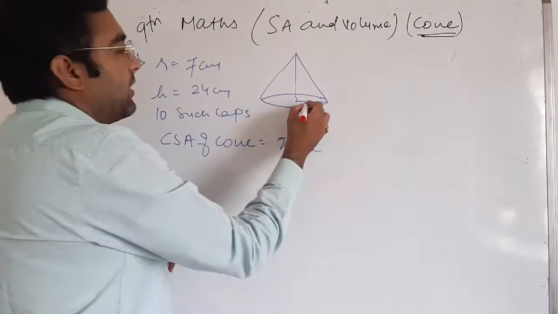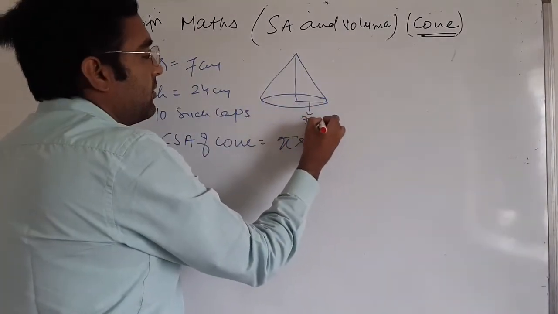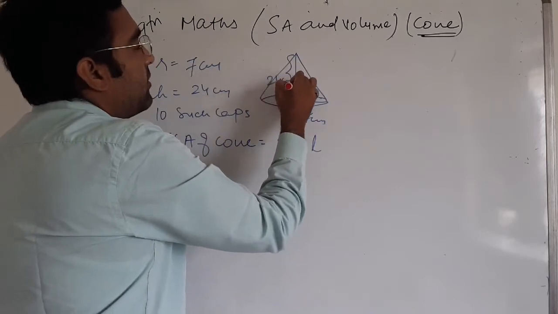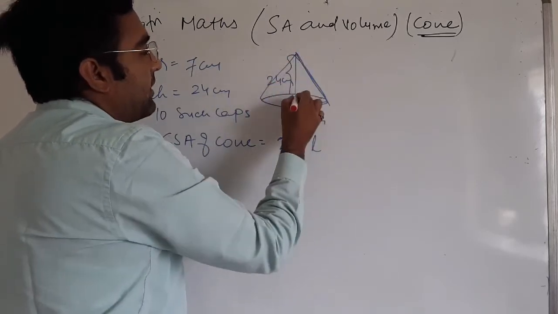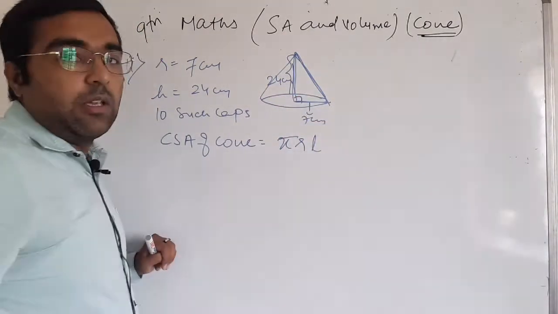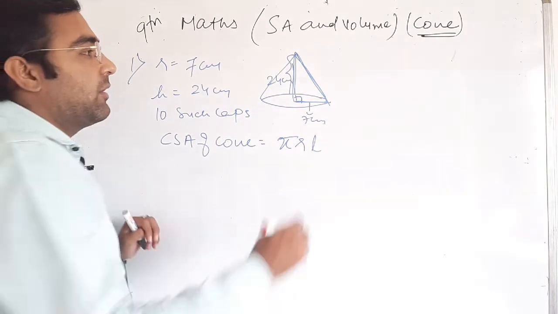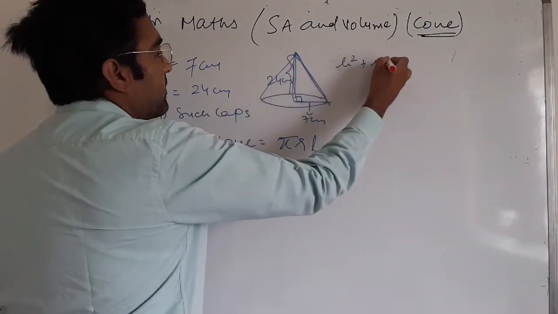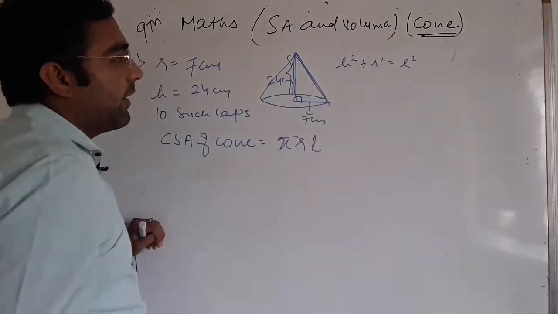My radius is 7 cm and my vertical height is 24 cm. We use Pythagoras: h square plus r square equals slant height square.